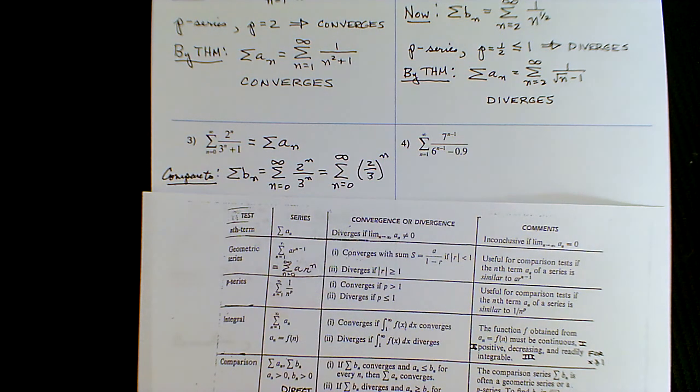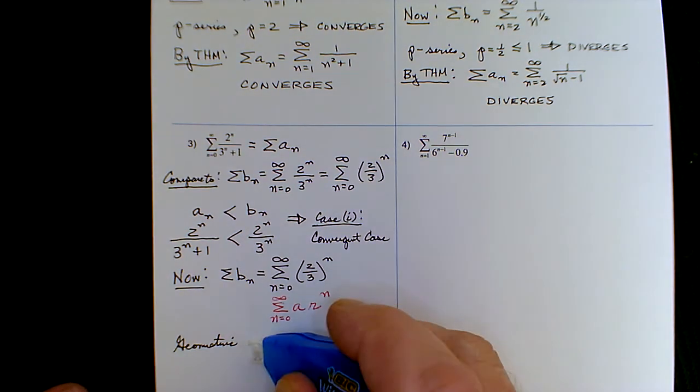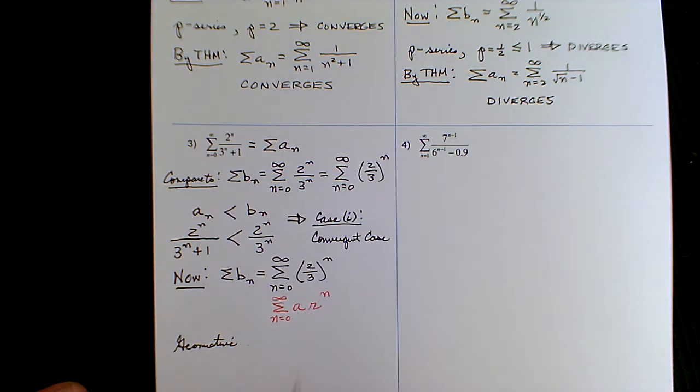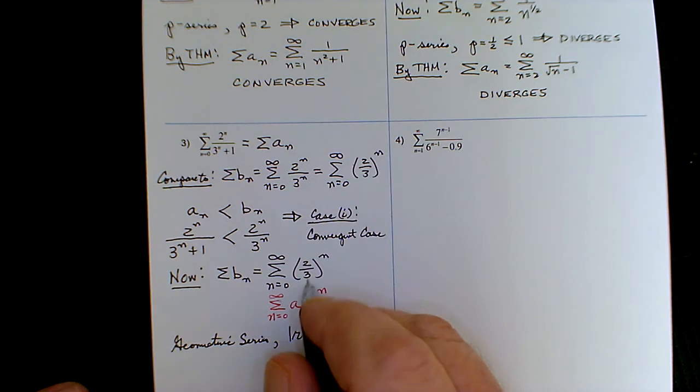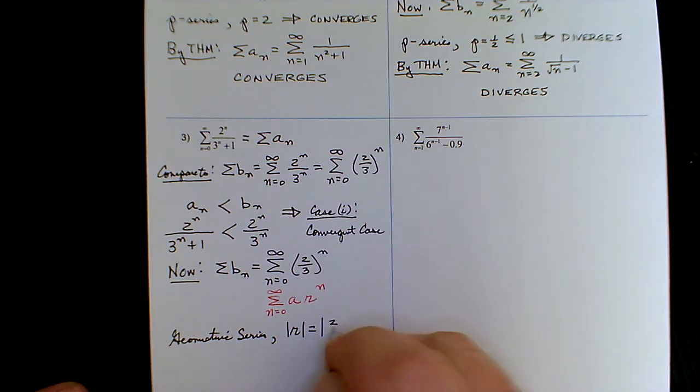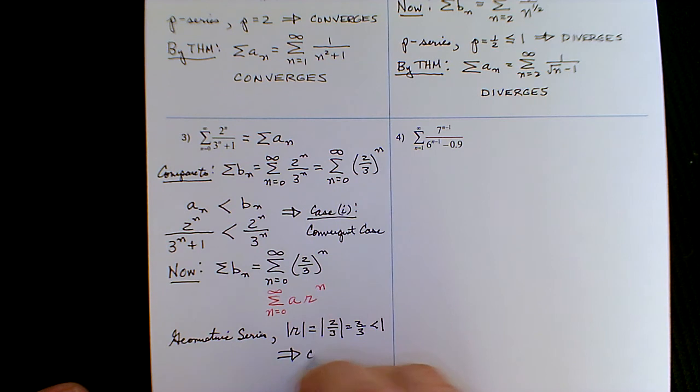So it's the absolute value of r that dictates convergence or divergence. I'm going to add the term series here. So it's a geometric series. Okay, the absolute value of r, just matching it up, the r is the fraction in parentheses, 2/3. And when r is less than 1, then it converges.